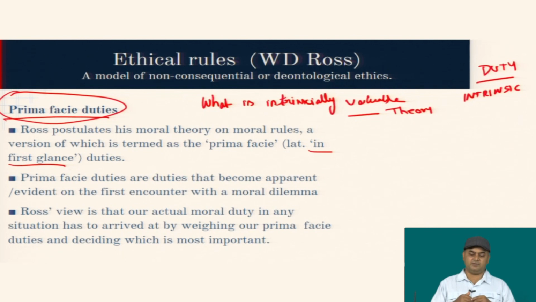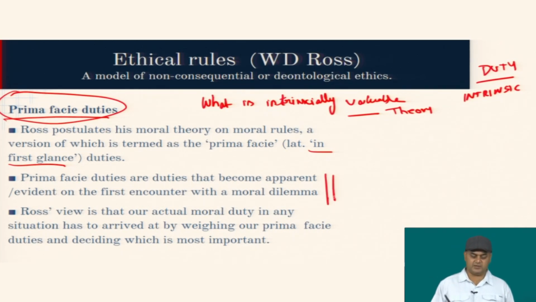So, instead of talking about the Rossian theory, I will stick to the terminology prima facie duties here, because the name would not mean much to you, but prima facie duties will help you make sense of it even more. So, prima facie duties is about the first glance, the duties that you have at first glance.